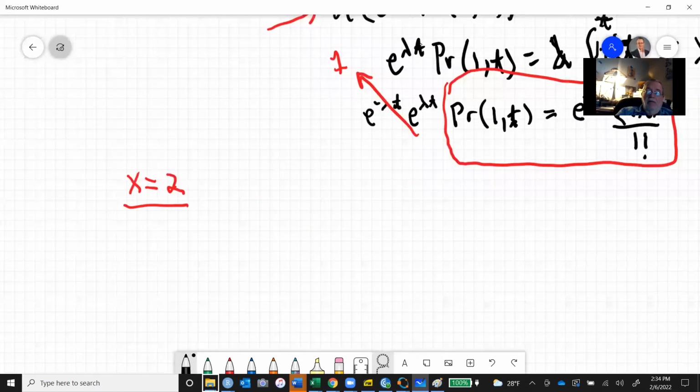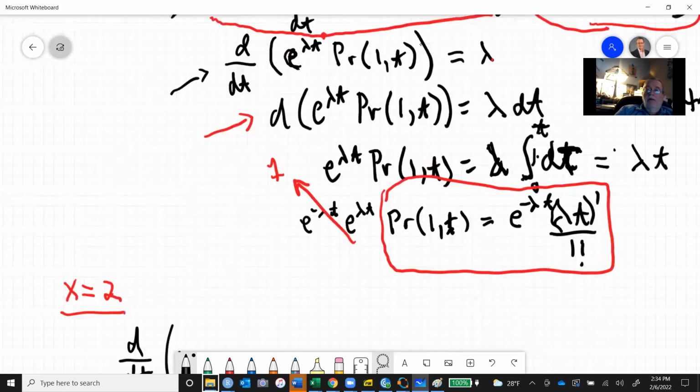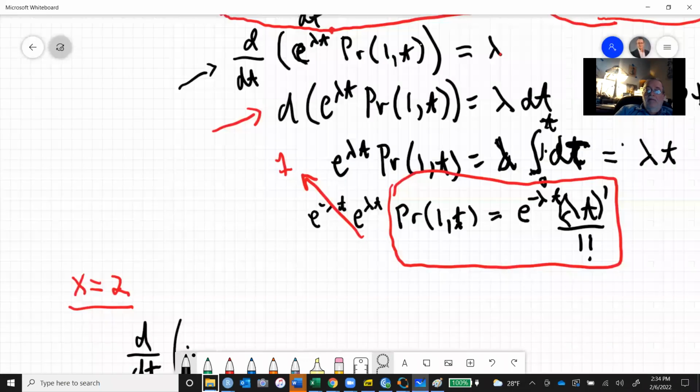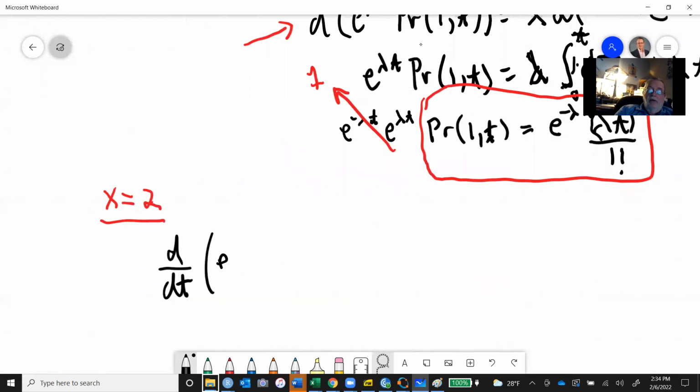Let me bring this down. d dt of e to the lambda t P2 t by the product rule. Remember, 1 became 2.